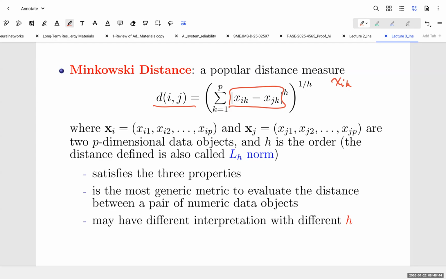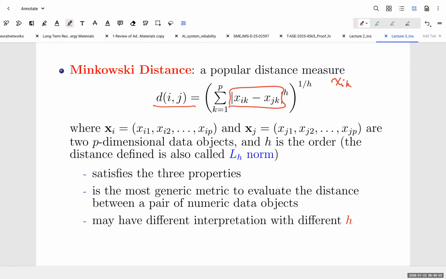So the first subscript is the ID of the data object. The second subscript k is the index of the variable, and x is just a representation of the variable. Okay.